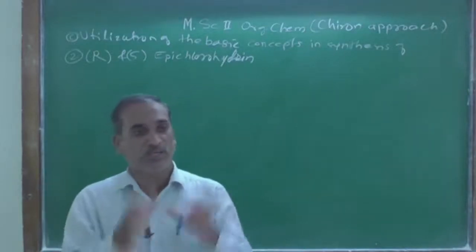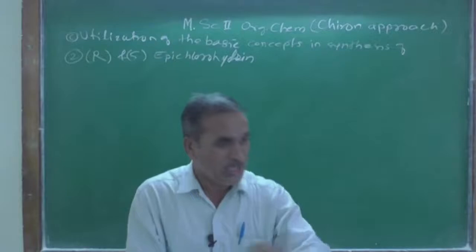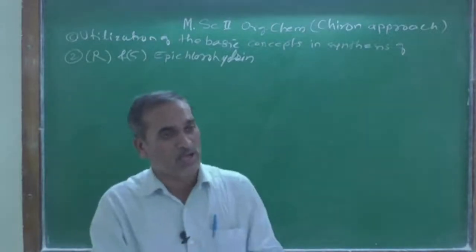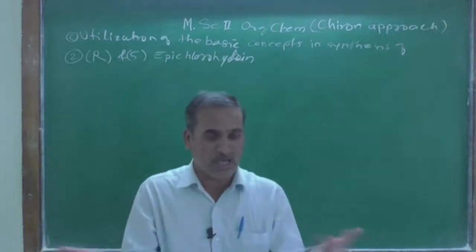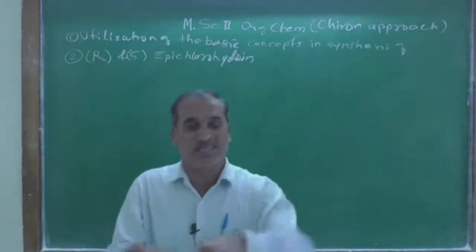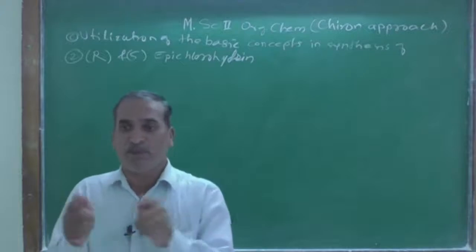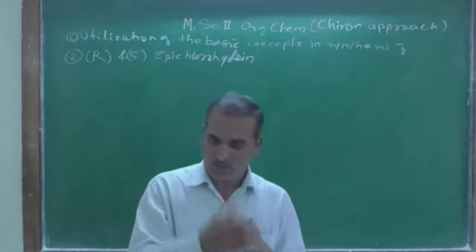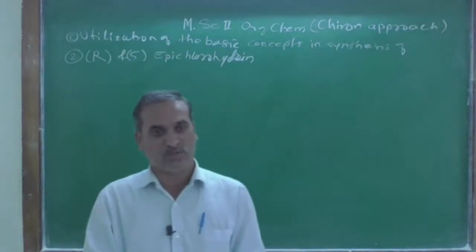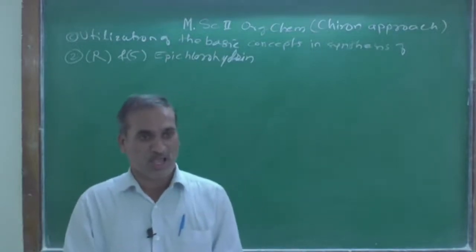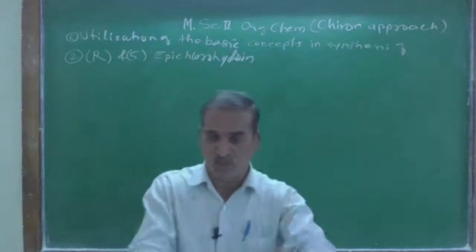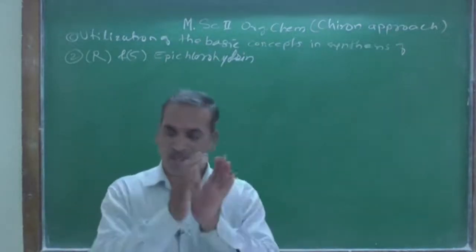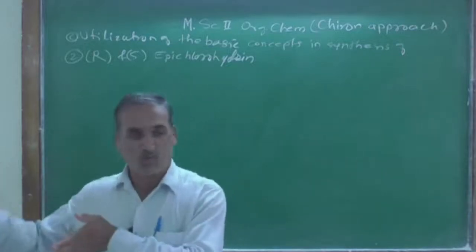When the alcohol group gets protected as OTs, that OTs becomes a good leaving group. And then further we treated with sodium iodide in presence of acetone. What will it do? The iodide becomes a good nucleophile, as we know, and it replaces the OTs by I, and we are getting the iodide. A displacement or substitution reaction takes place, just like an SN2 reaction, attack from the backside, and OTs becomes a good leaving group.